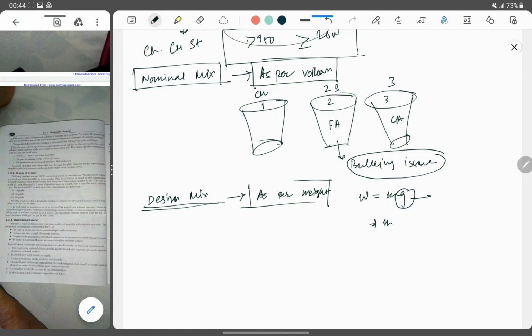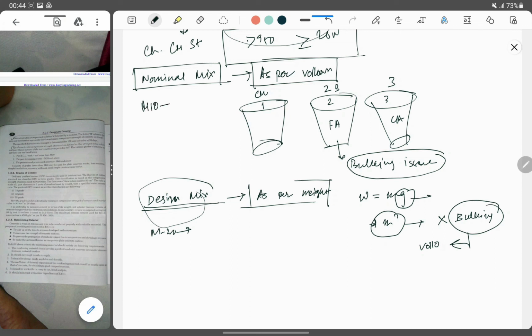So as we consider the mass, there is no chance of bulking, because bulking affects volume, not the mass. From M30 and above, we do design mix, and M10 to M20, at most M25, we do nominal mix. Okay, that will be clear.